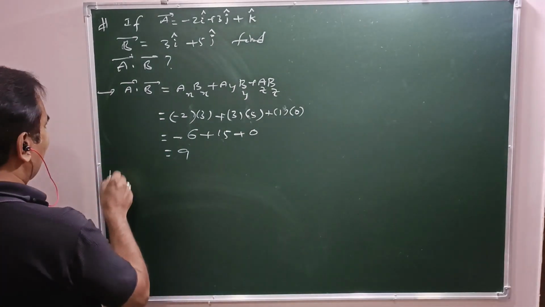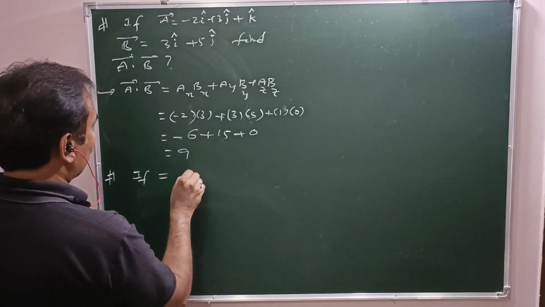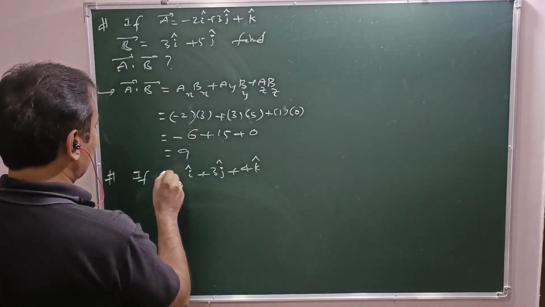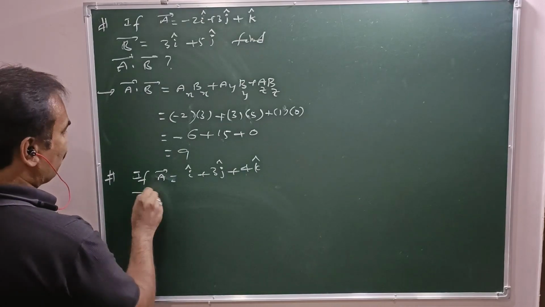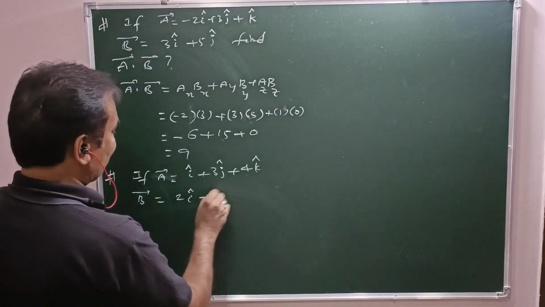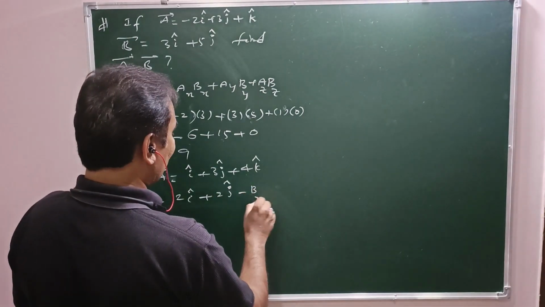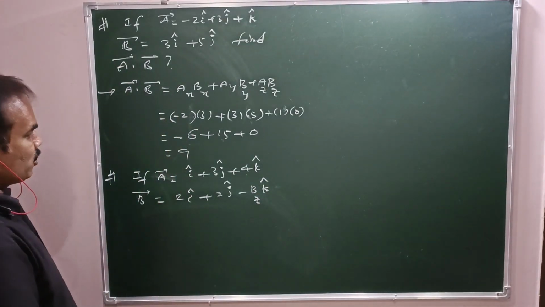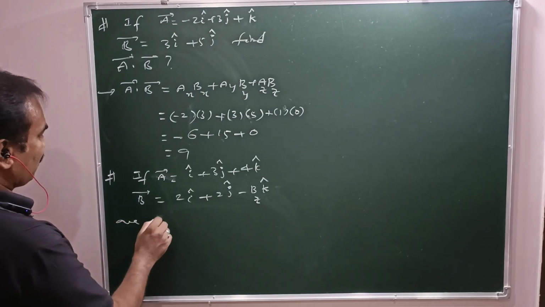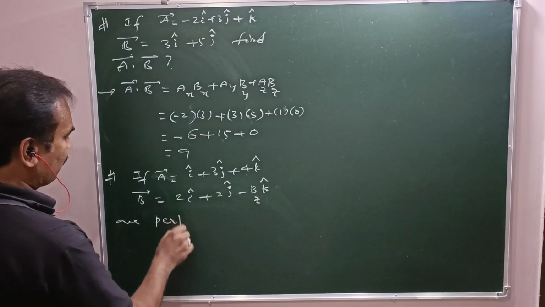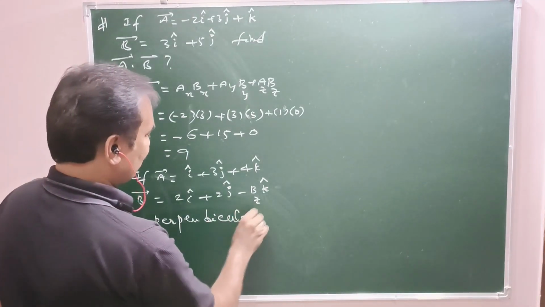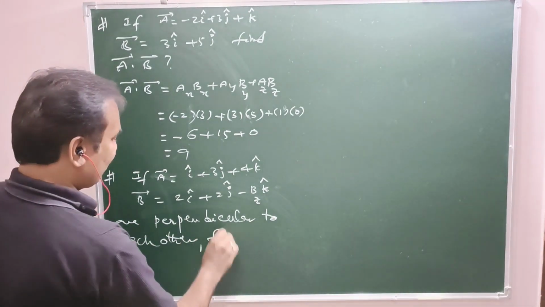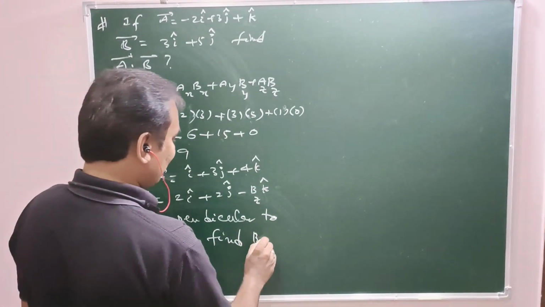Right? Similarly, if a bar equal to i plus 3j plus 4k and b bar equal to 2i plus 2j minus bz into k are mutually perpendicular to each other, find the z component of b, that is bz.